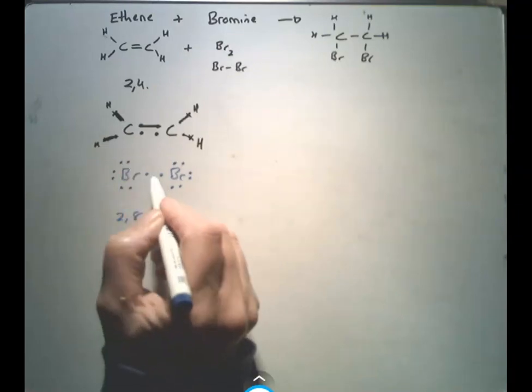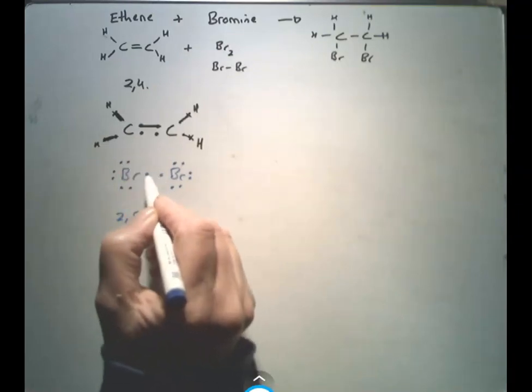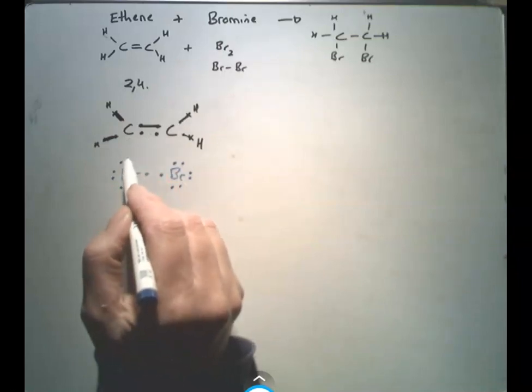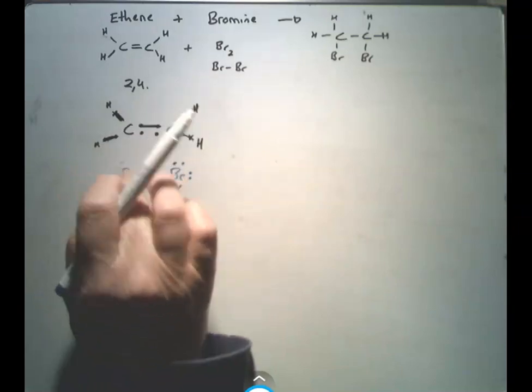Okay, so rather than these electrons being shared here, this bond is going to break, this bond is going to break, and a new bond will form between this carbon and the bromine.